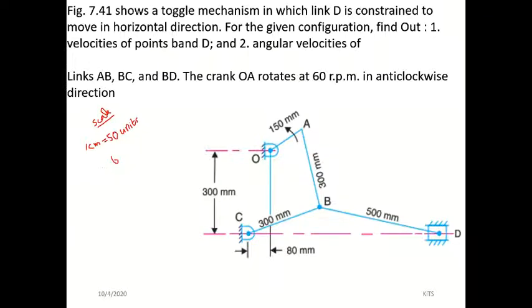So this height will be 6 centimeters. 150 means 3 centimeters, since 1 centimeter is 50 units. 300 mm again is 6 centimeters. 500 mm is 10 centimeters.